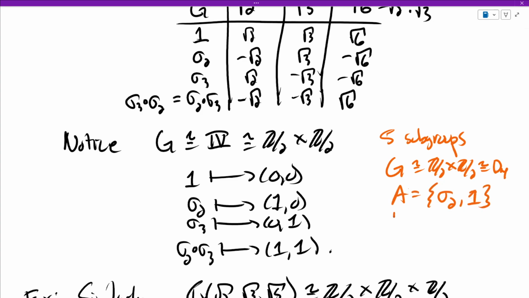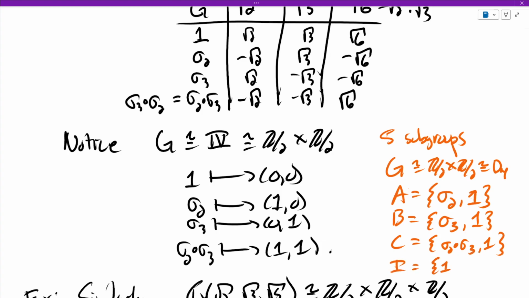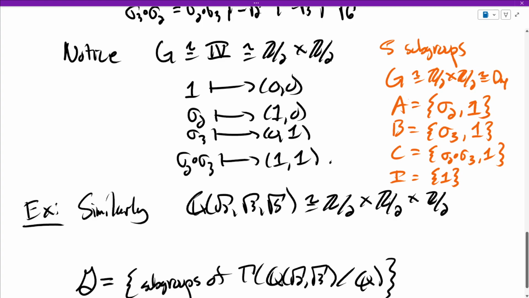There's a subgroup B, which is generated by sigma 3. If we do sigma 3 twice, we're back at the identity. There's a diagonal subgroup, C, which is negate both root 2 and root 3. If we do that twice, we're back at the identity. And there's, of course, the trivial group, which just has the identity in it. So there are these subgroups of the Galois group. I don't particularly like the notation ABC, but I want to keep with the book's notation.